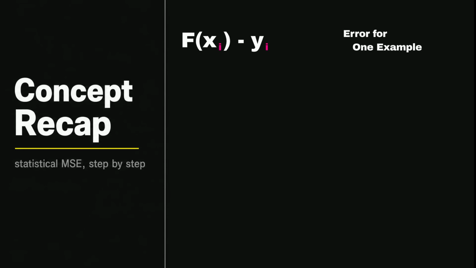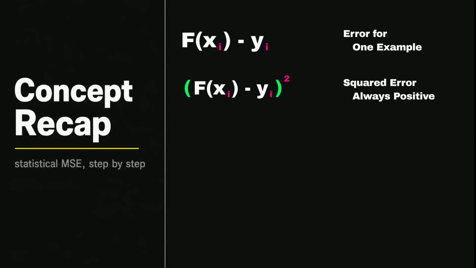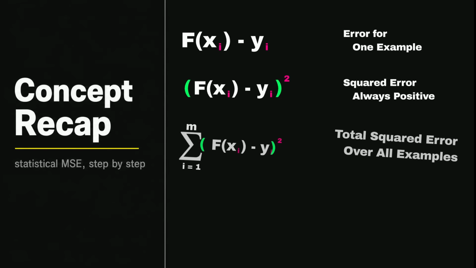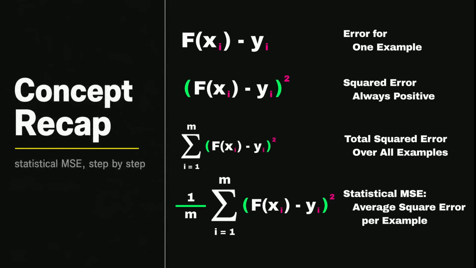Let's recap what we just did. From the statistical point of view, f of xi minus yi is the error for one example. Now, f of xi minus yi squared is the squared error, always positive. Big mistakes are punished more. Then we come to the sigma with the m on top and i equals 1 on the bottom, and our error formula is the total squared error over all examples.